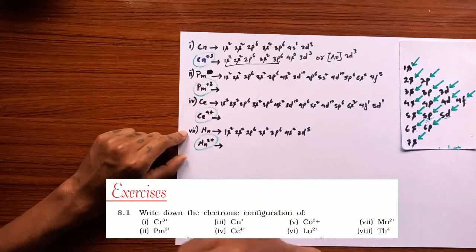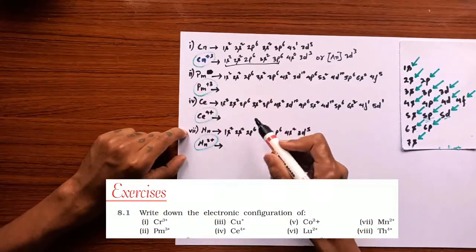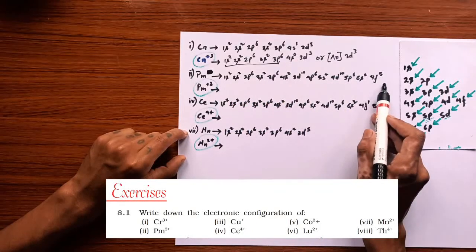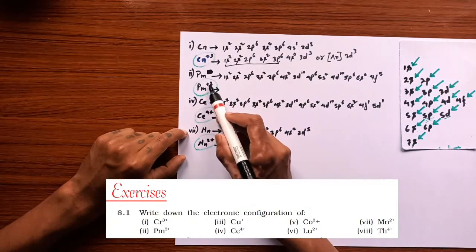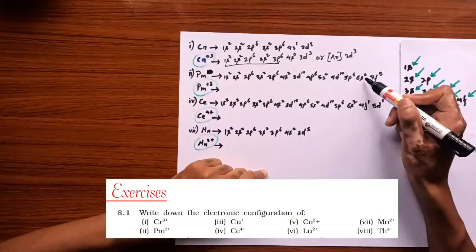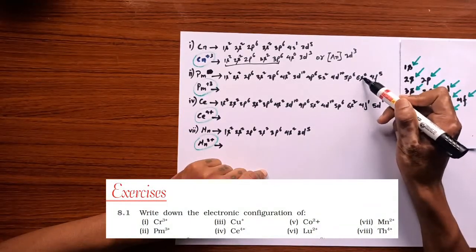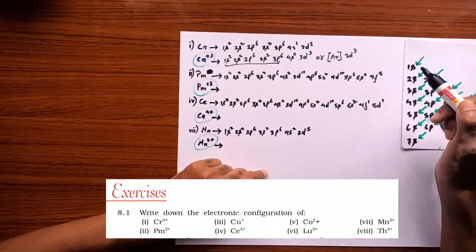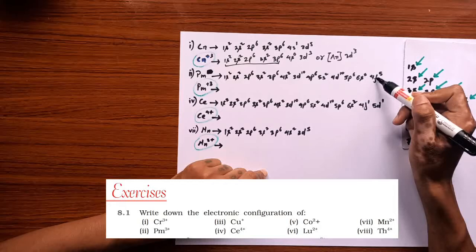Alright, so let's take a look at the second one. We have promethium. The actual electronic configuration is long. We have +3, which means there's a removal of 3 electrons. So I'm going to remove the electrons from the s orbital. There are 2 electrons here in the s orbital. We're going to remove these 2 electrons and 1 more electron from the f orbital.